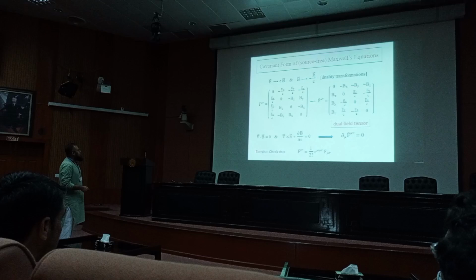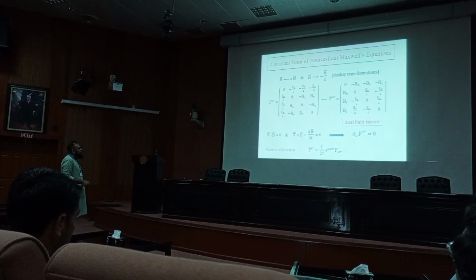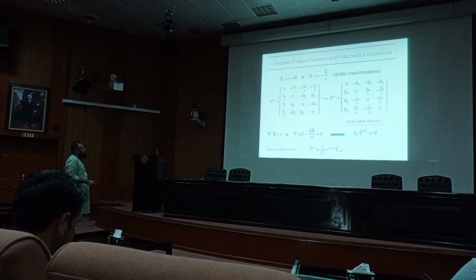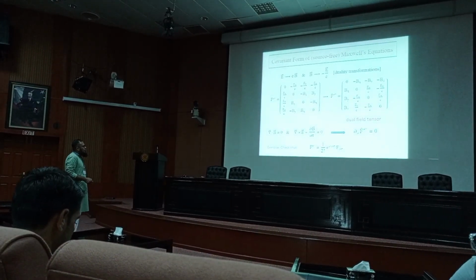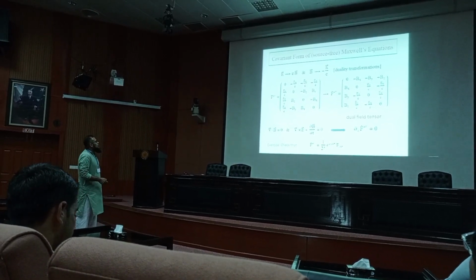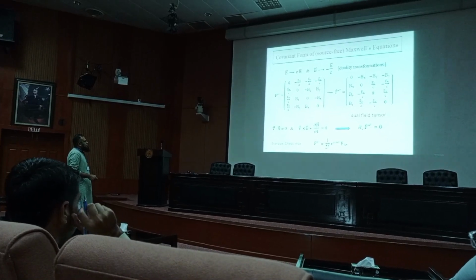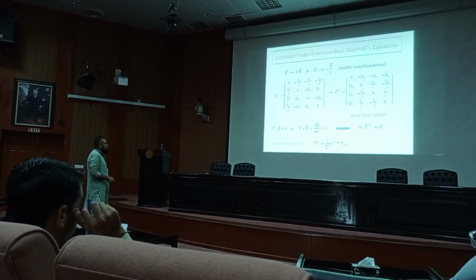And now you can, as an exercise, write down this dual tensor F tilde mu nu in terms of the field tensor by this Levi-Civita symbol. This is a totally antisymmetric object, and it carries the 0, 1, 2, 3 value of +1.